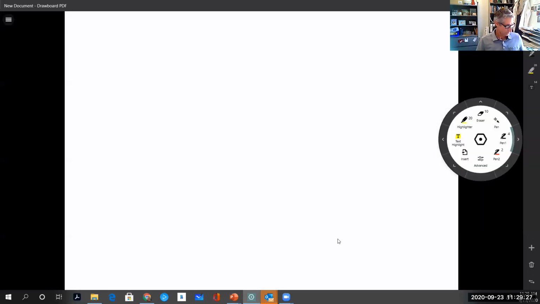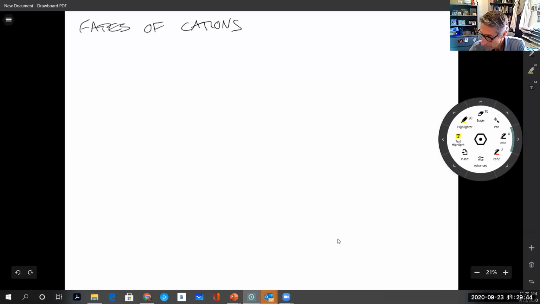One way that we can look at the fates of our cationic weathering products and make some predictions about what's going to happen to them once they weather is this thing called ionic potential.